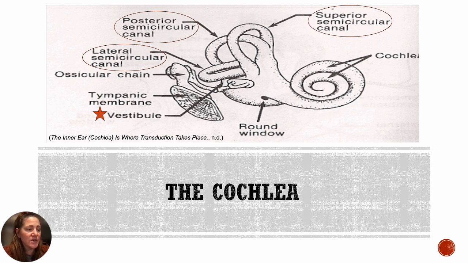These nerves are attached to the brain. This image does not show it, however, the nerves that are attached from the cochlea to the brain leave from this direction here and go outwards towards connecting to our brain. The movement of the fluid within the organ of Corti triggers the hair to respond, and that is what sends that electrical signal to the brain through that auditory nerve that I just mentioned.